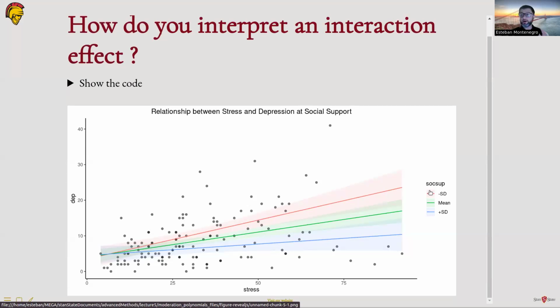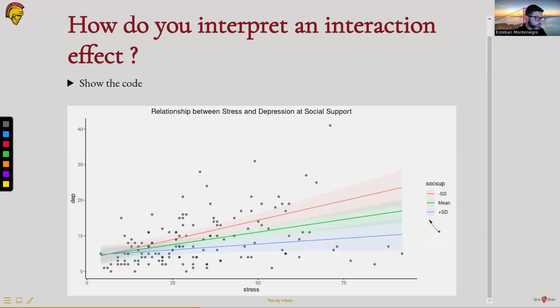But of course, it's hard to do that. So what we do is to estimate the effect, right? How is the regression line when people are high on social support? And in order to do that, we add one standard deviation to the mean of social support, right?